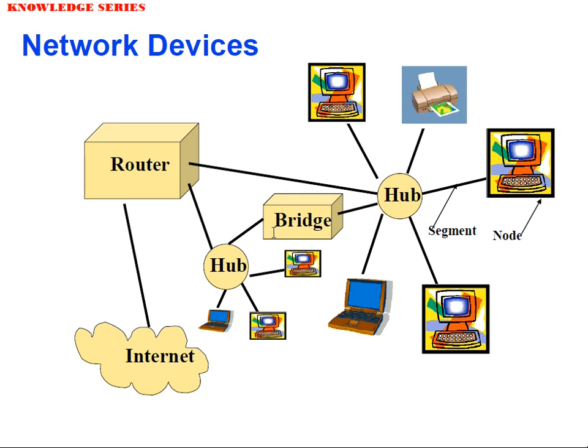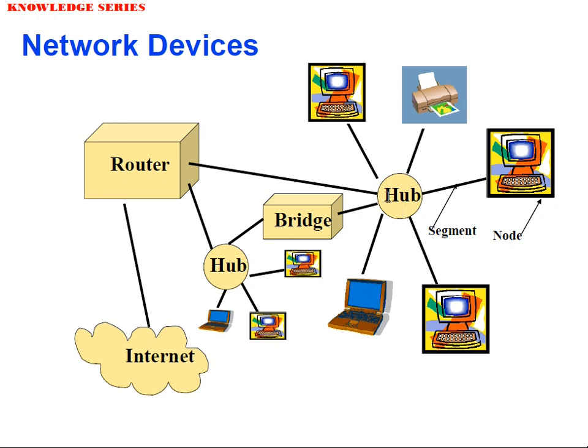A bridge does basically the same activity as a router, but on the lower end. It is a device that allows you to segment a large network into smaller and more efficient networks, but not directly like a router. So it is used for smaller networks. Then you have a hub.